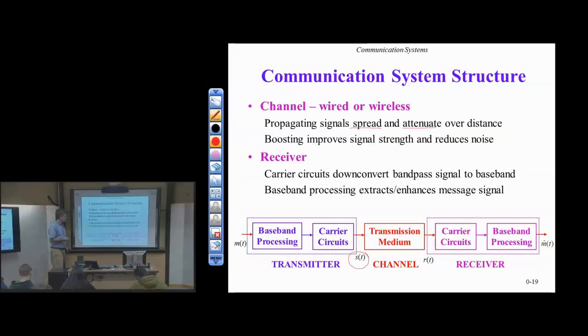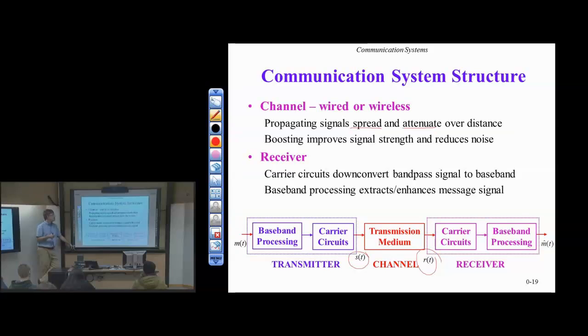And there are some ways that we can improve reception before the signal finally hits the receiver, which is R of t. So one thing we can do is called boosting, which is to put some additional, you might say relays is another way to think about this. Between transmitter and receiver, we might put a relay in the channel just to rebroadcast or retransmit the signal.